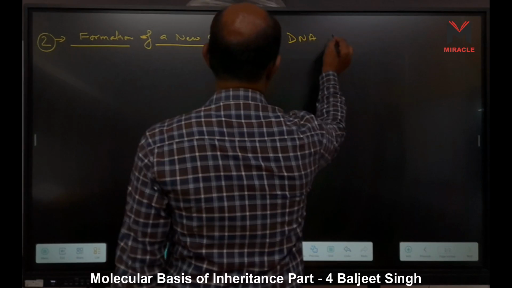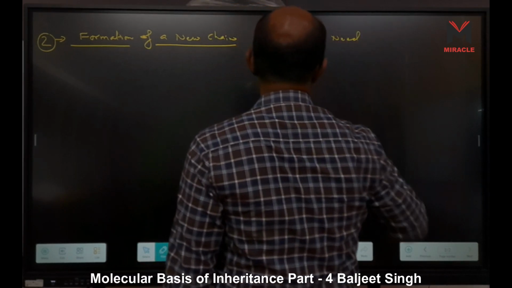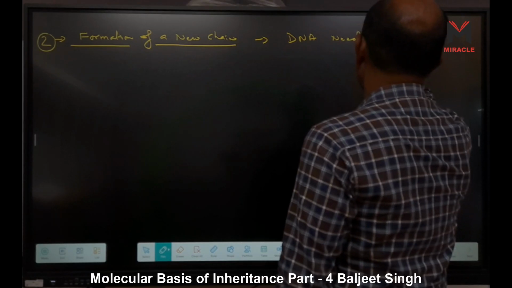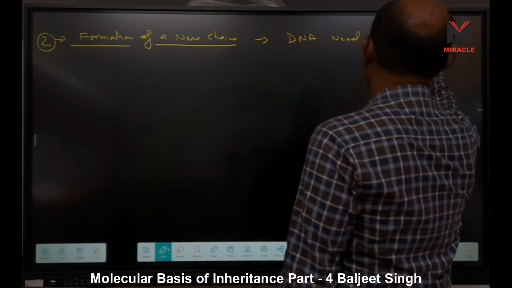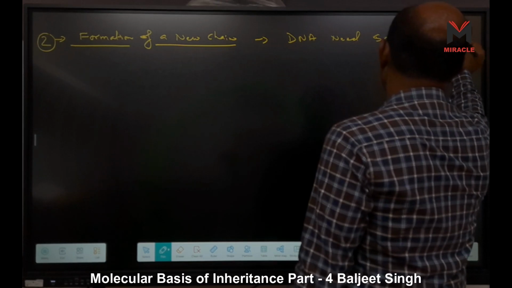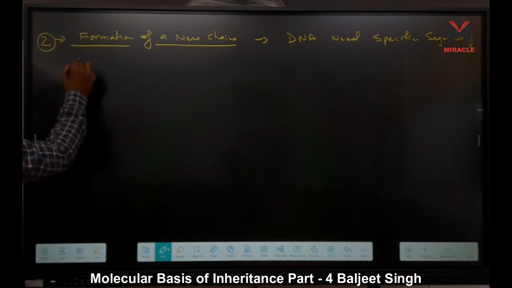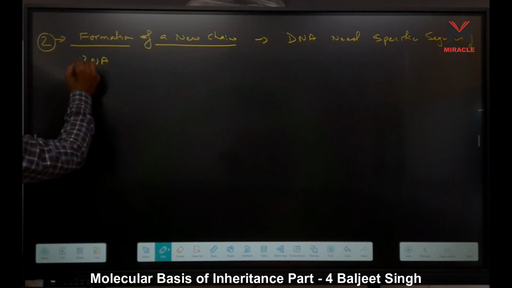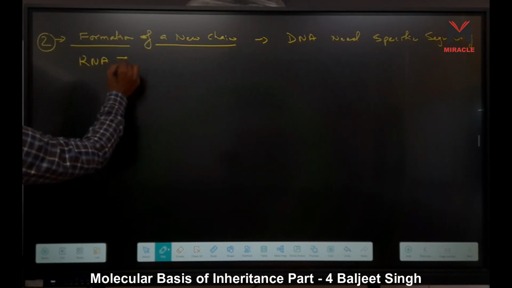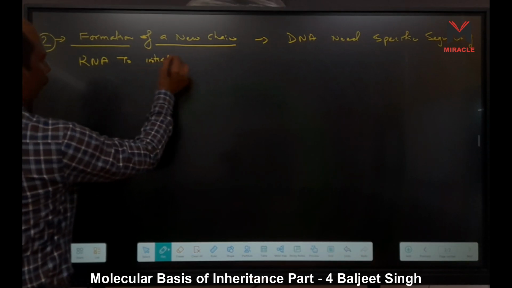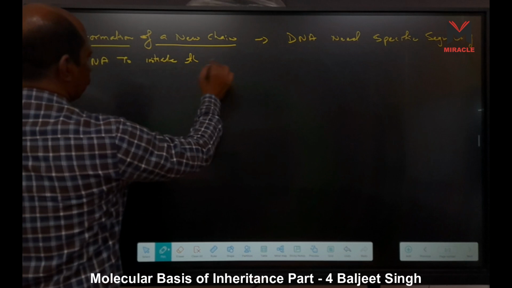DNA needs what? It needs a specific segment of RNA to initiate the process.